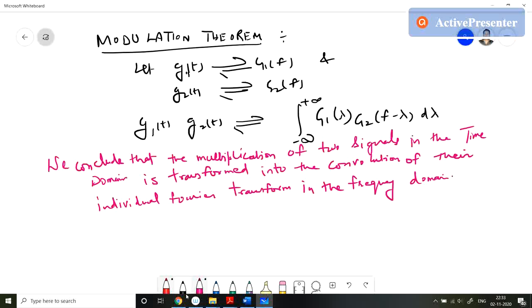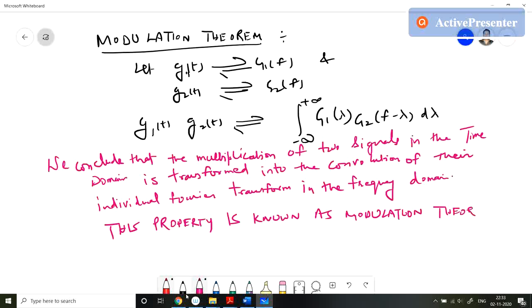This property is known as the modulation theorem.